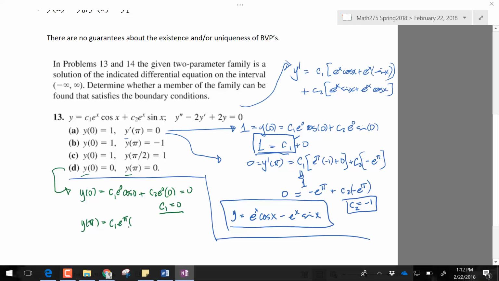Cosine of pi again is -1, and sine of pi is 0, and this is supposed to equal 0 also. So here we have c1 is 0, right? So we have information about c1, but we don't know anything about c2. C2 might mean c2 could be anything. But the point is that we don't have a unique solution for this.